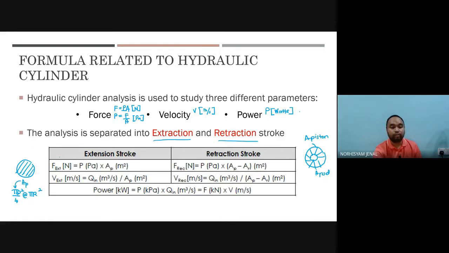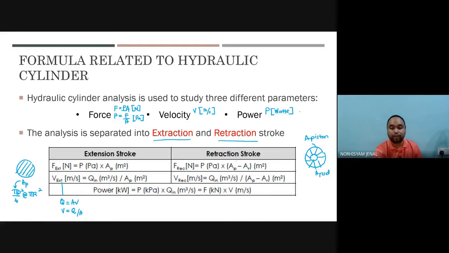And then for the velocity, we need to remember the equation of Q, volume flow rate, is equal to AV. So V is equal to Q divided by A, the volume flow rate divided by the area of piston.